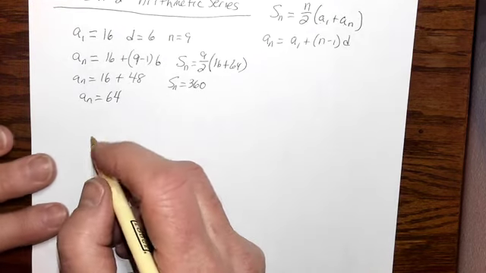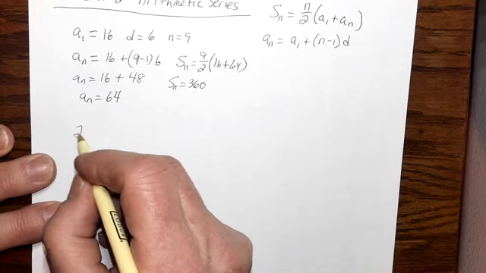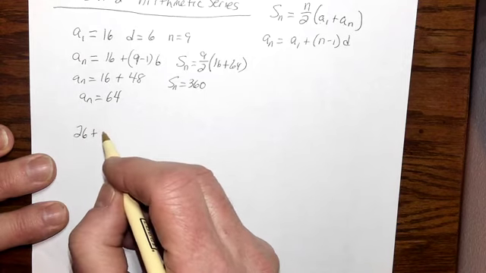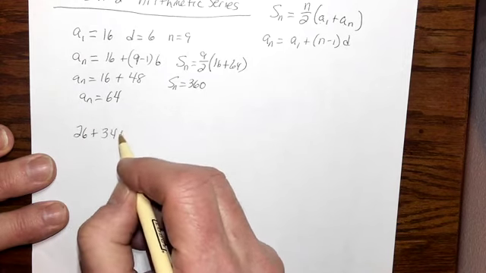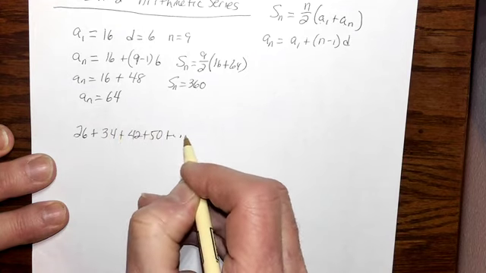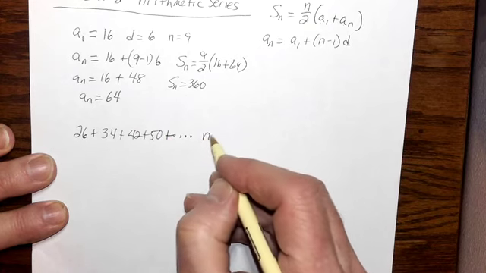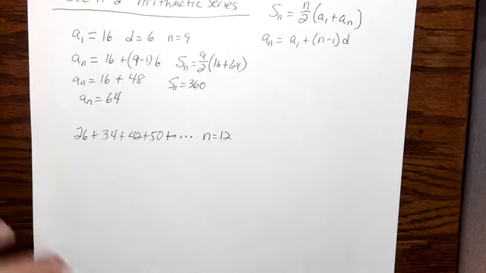Another type of problem has an example like this, where we want to find the sum of this series, which just keeps on going. And we want to find it to the 12th term.